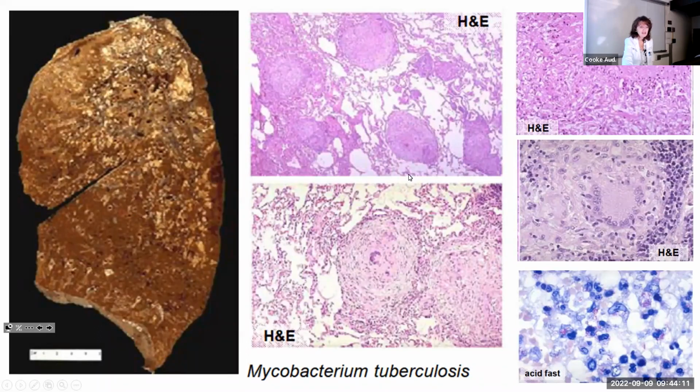And in H&E, these are the granulomas. And this is a close-up of this Mycobacterium tuberculosis infection with formation of granulomas. Here you can appreciate the necrosis in the center of this granuloma. This is a multinucleated giant cell, which I told you may or may not see in a granuloma.